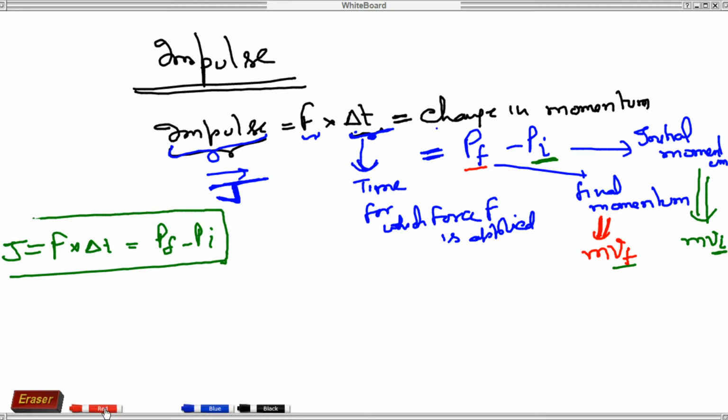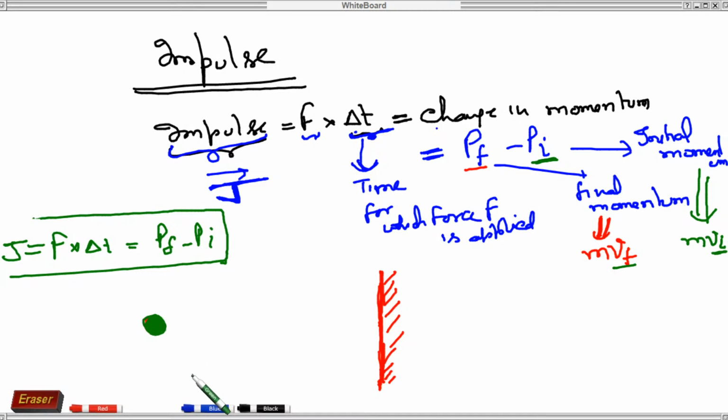Suppose this is our wall, and this is our ball.